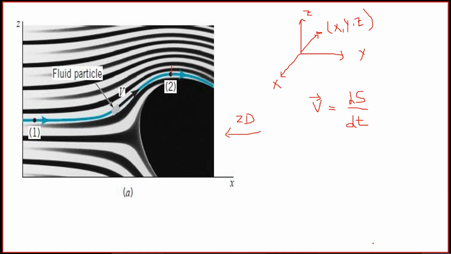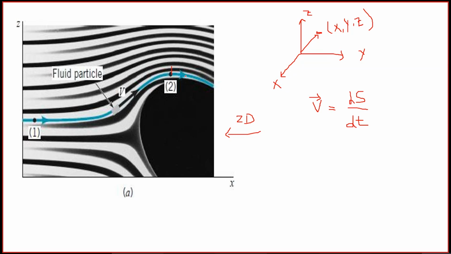So what is a streamline? The lines that are tangent to the velocity vectors throughout the flow field are called streamlines. This blue path being followed by this fluid particle is called a streamline. Is it clear?